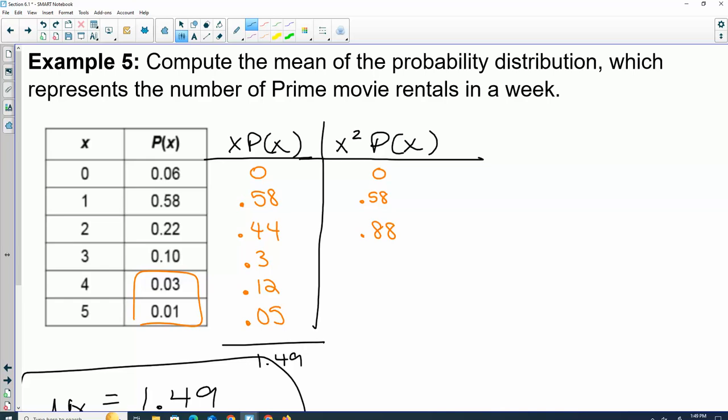Do you see where I'm getting these? 3 squared is 9 times 0.1, 0.9. 4 squared is 16 times 0.03, 0.48. 5 squared is 25 times 0.01, 0.25.